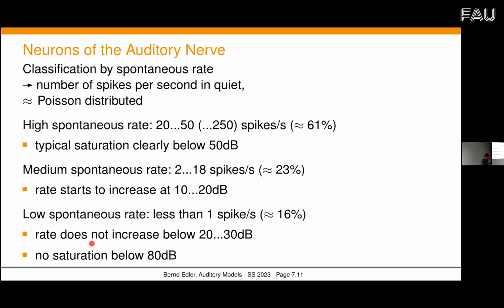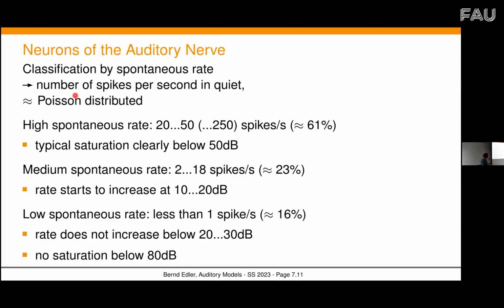And another way of classification is by their so-called spontaneous rate. The spontaneous rate is the number of spikes per second in quiet. That means if there's no sound. Some of the neurons, not periodically of course, but with a certain rate, generate spikes even if there's no sound.